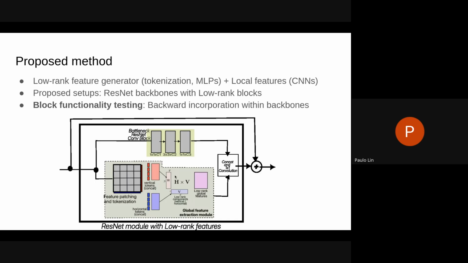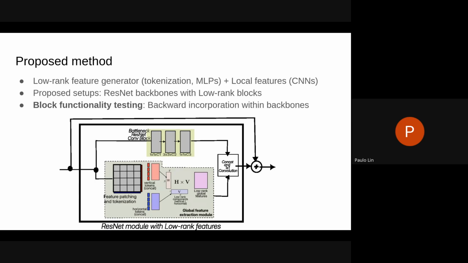One is the horizontal component, and the other is the vertical component. The results are low rank global features, which are later fused with the features from the convolutional path to obtain better performance at the end of the backbone.